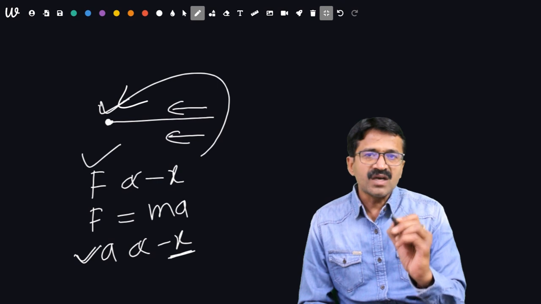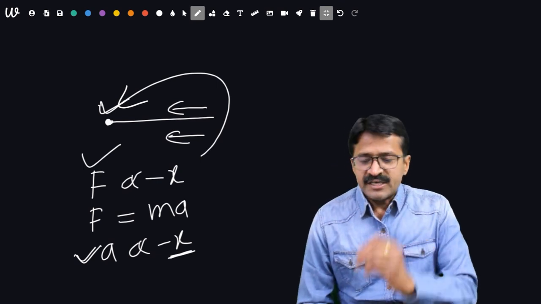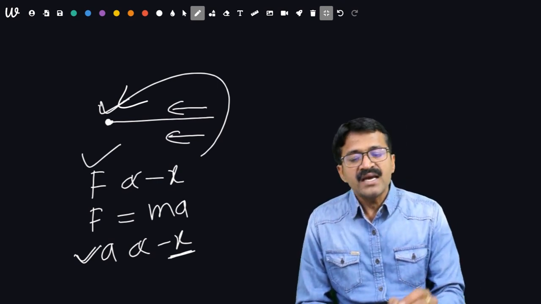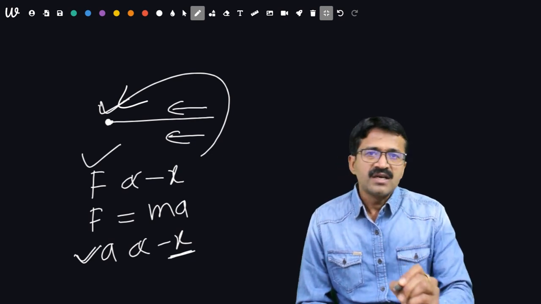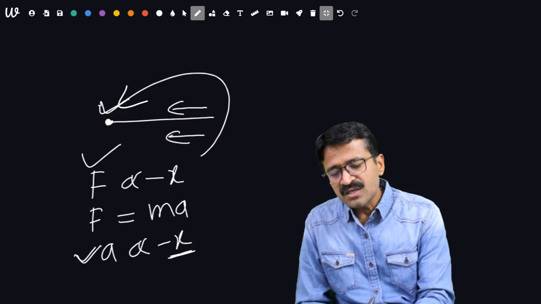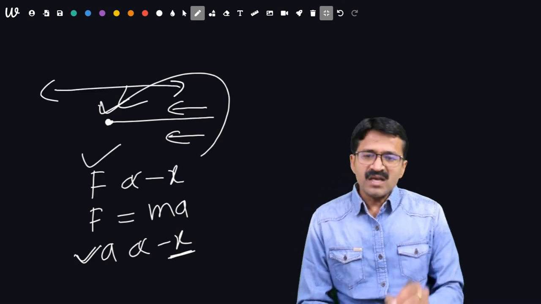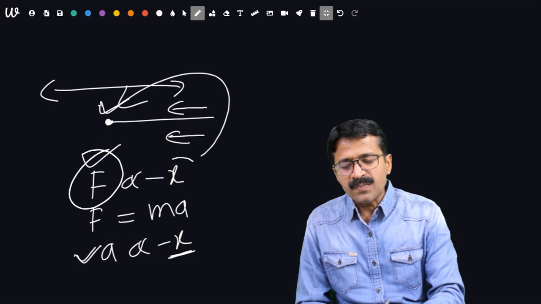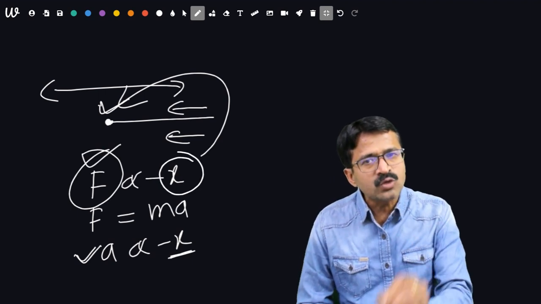This is the condition. Now, what does it mean by simple harmonic motion? The answer is, it means the to and fro motion about a mean position, in which restoring force is directly proportional to displacement acting toward the mean position.